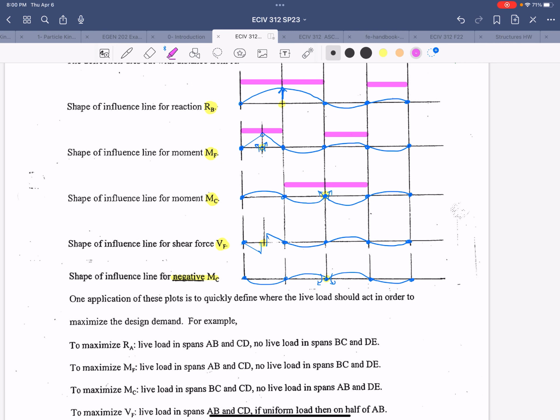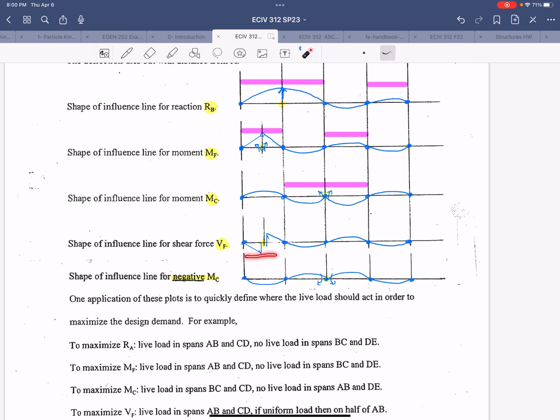For the shear at F, this one is a little bit ambiguous. Without really knowing more details about the span lengths, the way they're drawn, it's assumed that these are equal span lengths, and this is roughly half.